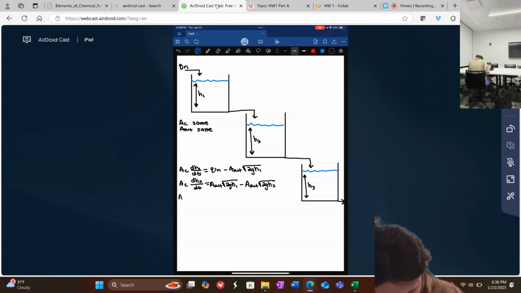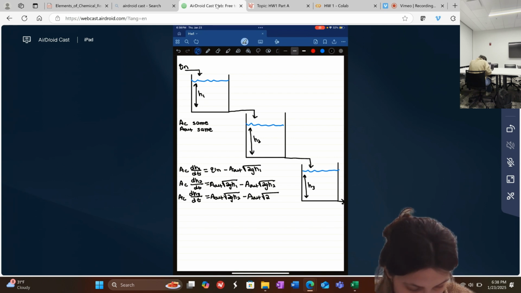We'd repeat this same process for dh3/dt. So this time our inlet is the same as tank 2's outlet. We have our own outlet for tank 3.